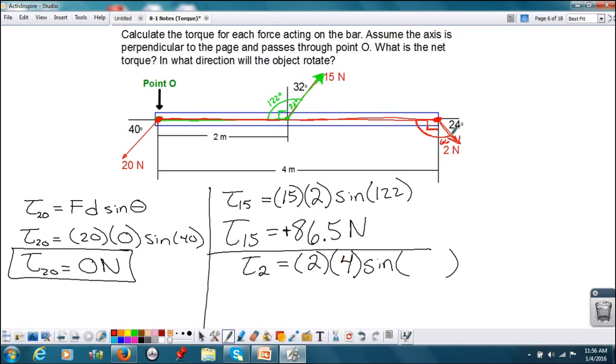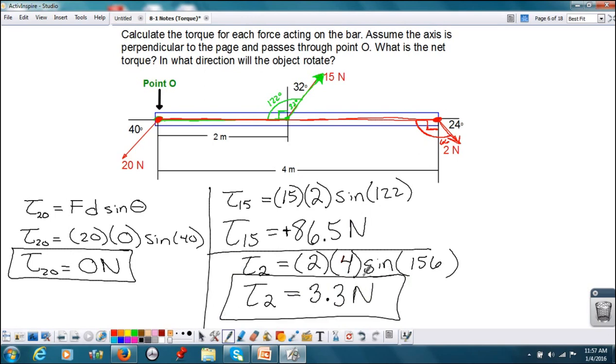So I need to take 90 plus 66 to get my entire angle, which is 156 degrees. And then I can type that in my calculator: 2 times 4 times the sine of 156. And we get torque 2 is 3.3 newtons.